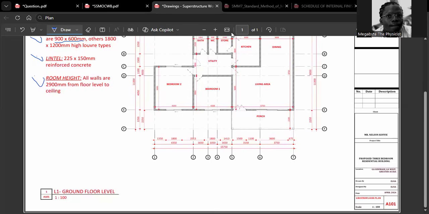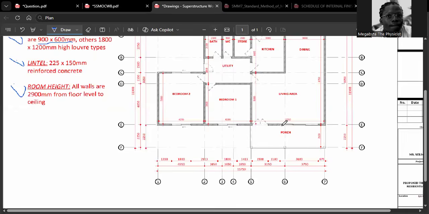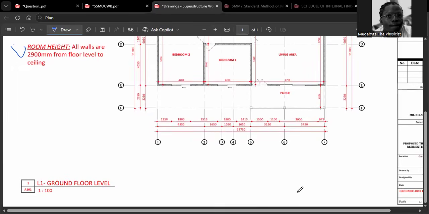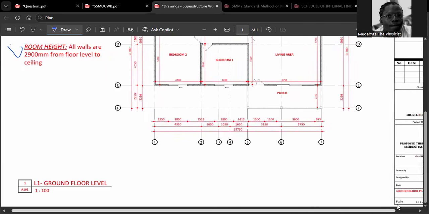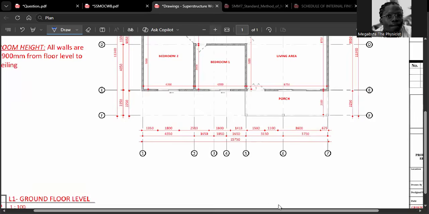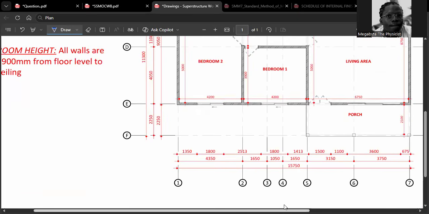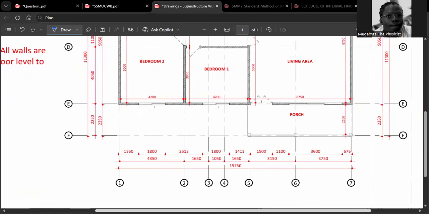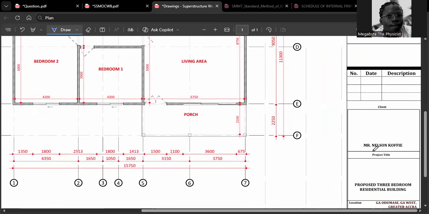Let me just quickly zoom in and let's see what the plan entails. If you look closely over here at the bottom right side, you realize that this plan is a what?